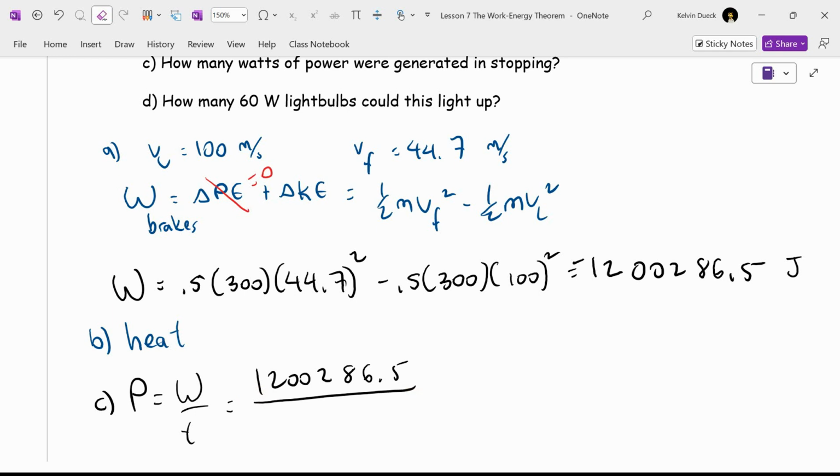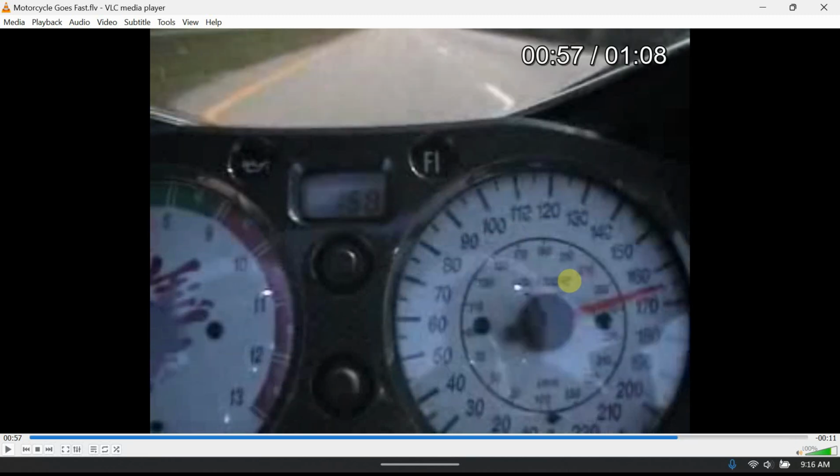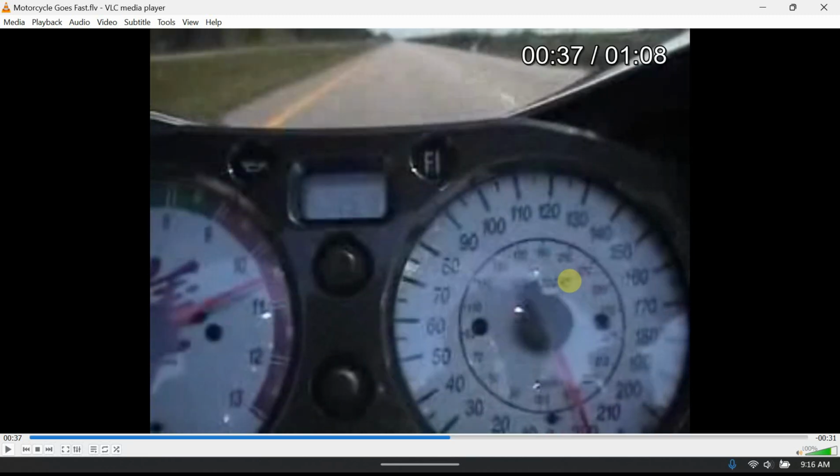Can you all get your smartphones out? Open a stopwatch app. I've backed the video up to when he's doing 200 miles per hour.